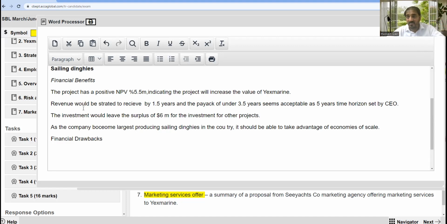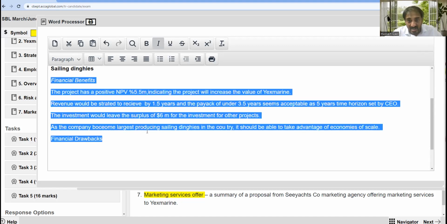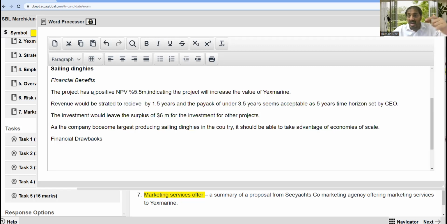Each point will generate approximately 1 mark. So for financial benefit, you are now able to get 3 marks. Students are very much concerned about the 1 mark. But I must say that when you complete one portion, you should ask yourself, is this complete?